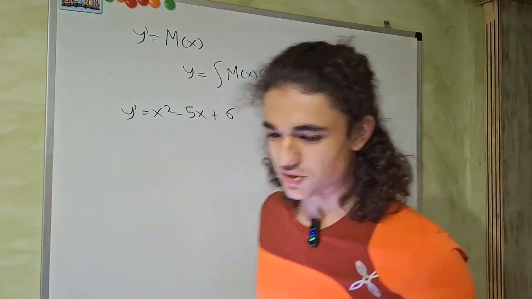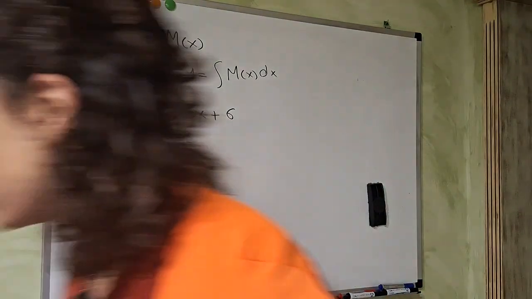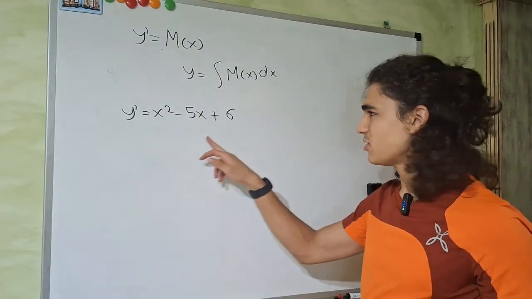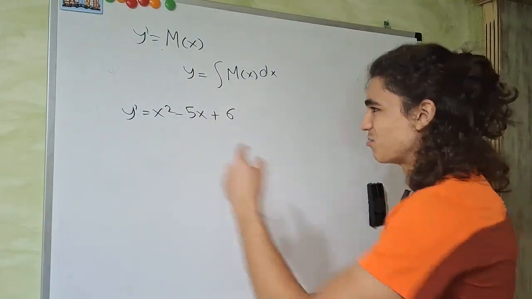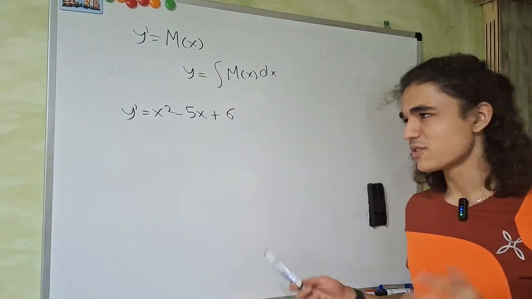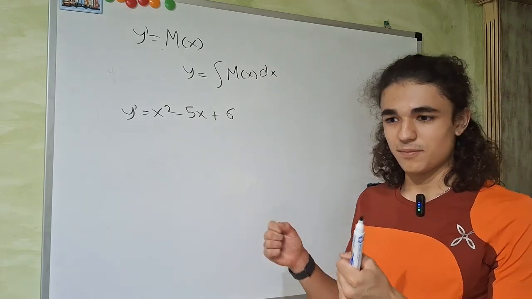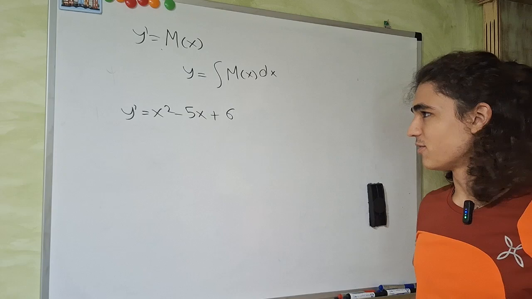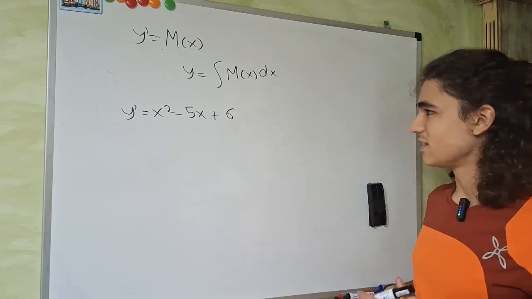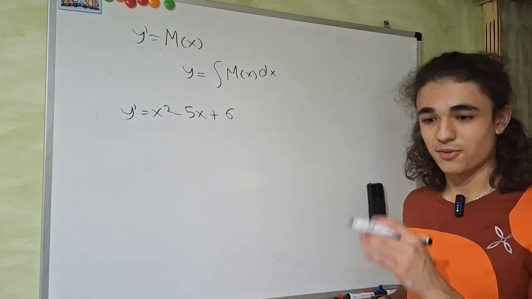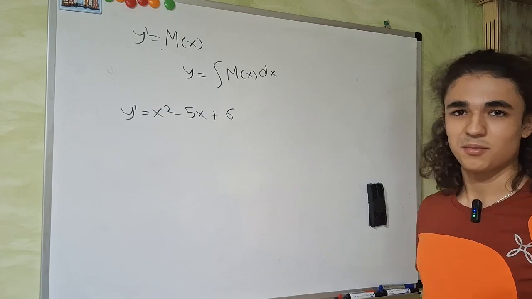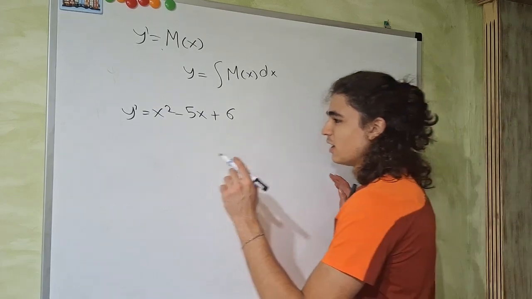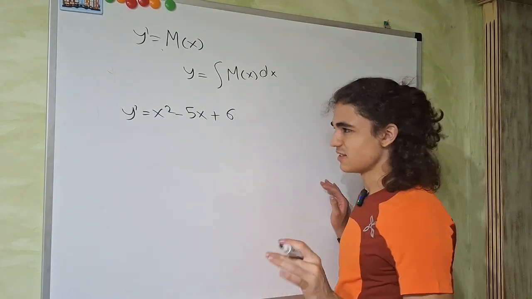Here's my differential equation. Now, you might recognize that these differential equations are indeed the expression for the derivative. So, of course, integrating is the operation to do to get back to the original function without manipulating the equation. But that's for now, because from the next example, things are going to change. But today we'll keep things simple.